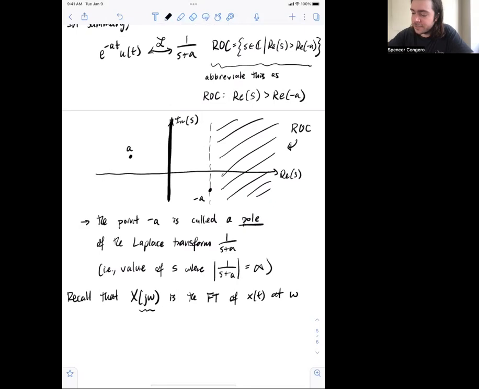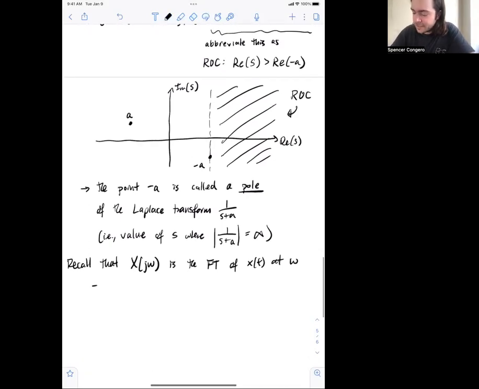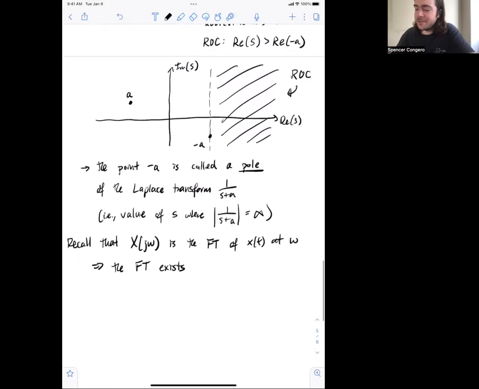This is where the Fourier transform is occurring in the context of the Laplace transform. That's what the statement is saying. So what can we determine from this? This is a really important point. When does the Fourier transform converge? Well, we just said the Fourier transform happens along this imaginary axis. So I would need that imaginary axis to be in the ROC, in the region of convergence for the Laplace transform.